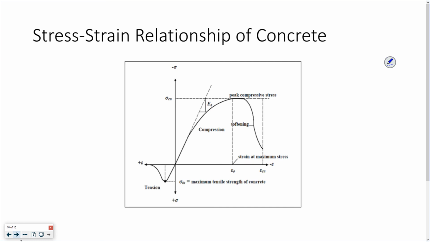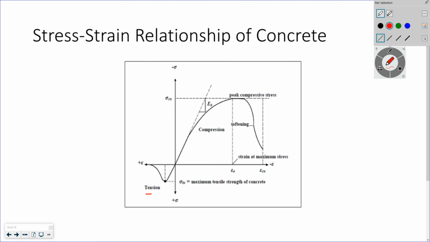So here is a stress strain curve of normal weight concrete, right? Over here is the tension side, and then this is the compression.